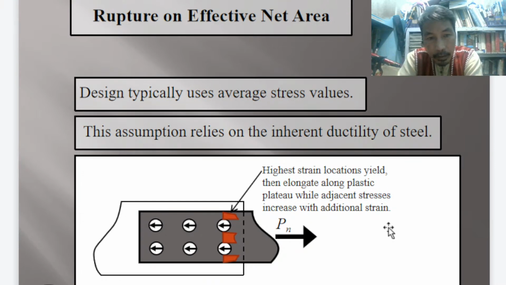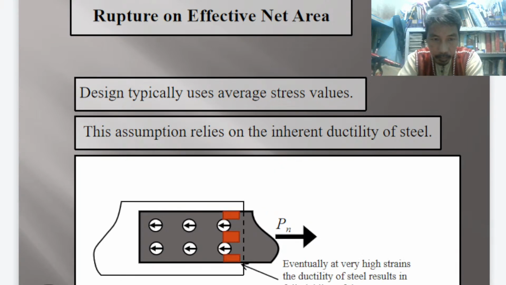Let's proceed. Eventually, at very high strains, the ductility of steel results in full yielding of the cross-section. Take note, from initial to full yielding.